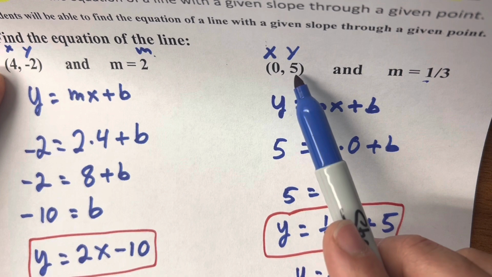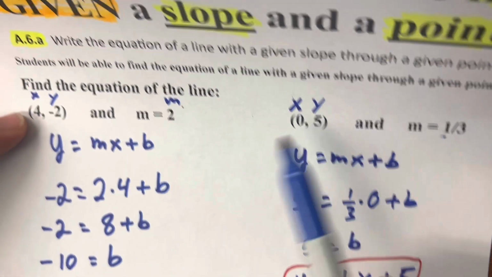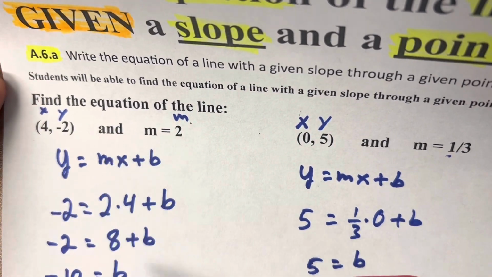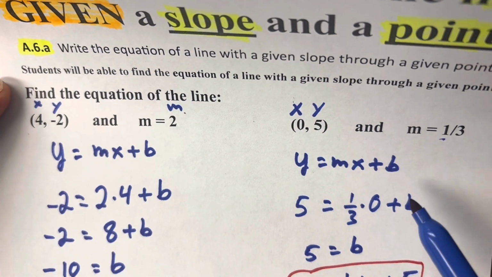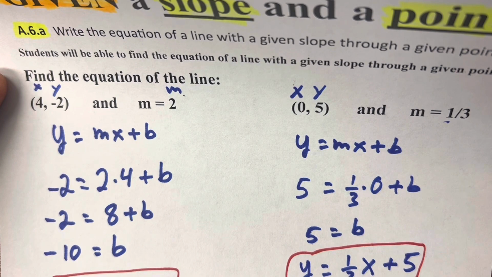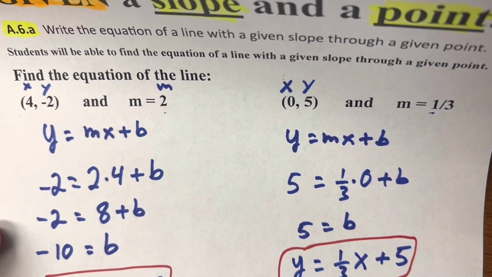When x is 0, the y here, that's the b. So in the first example, we did not have a 0 in x, so we have to do the process. But in the second example, that we have a 0 in x, we don't need to do this process. Okay? Hope this video helped you.